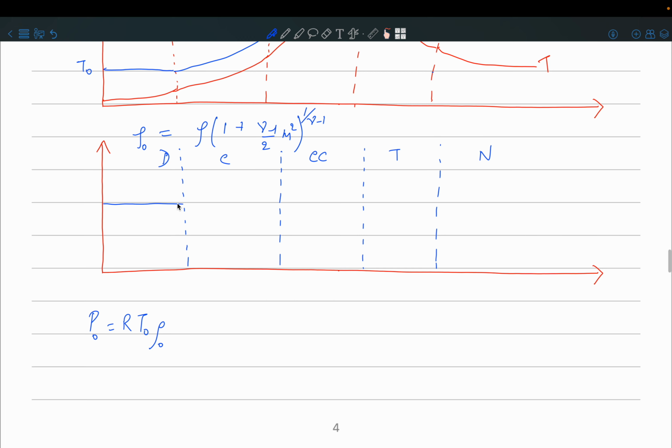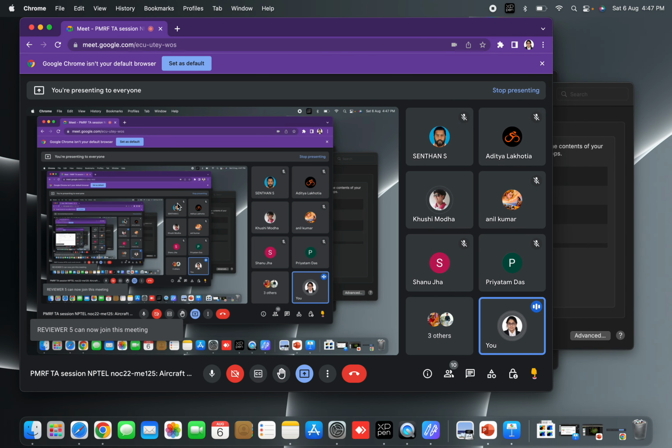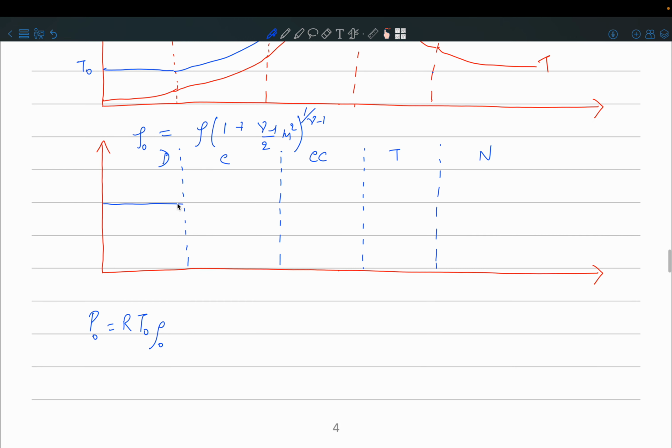What will happen in the compressor? Am I still audible? Okay guys, yeah, it will increase, right? So it will increase because after all you're doing compression. So what will happen in the combustion chamber?